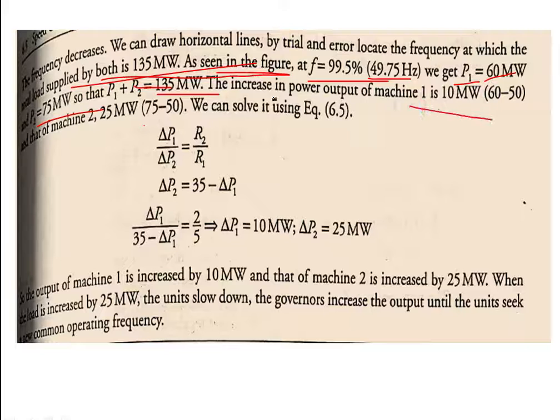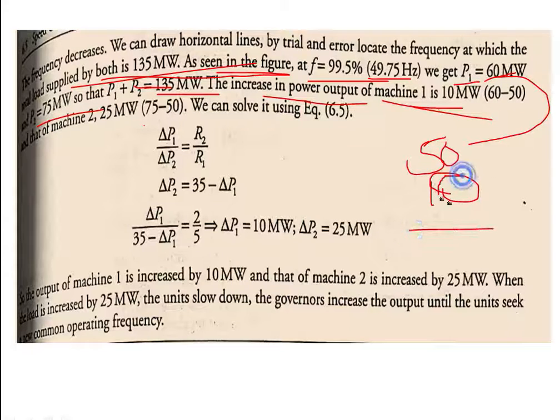Then the power output of machine 1 increases by 10 megawatt. Initially, if the load is shared equally, for 100% load it is 50. If it increases by 10, that is 60 megawatt. Similarly, for machine 2, 25 megawatt of power will be increased, because it is 75 minus 50.